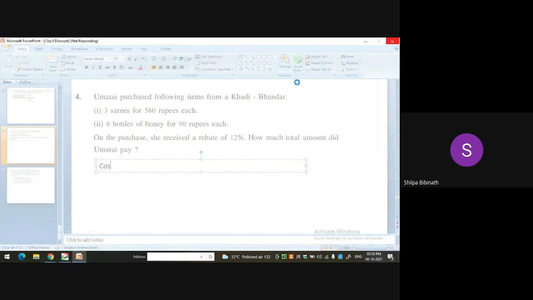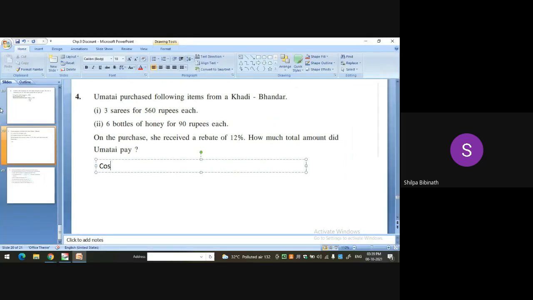Okay, how many saris? 3 saris is equal to, 1 saree is costing how much? 560. So 3 into 560 is equal to what will be your answer? 1680.